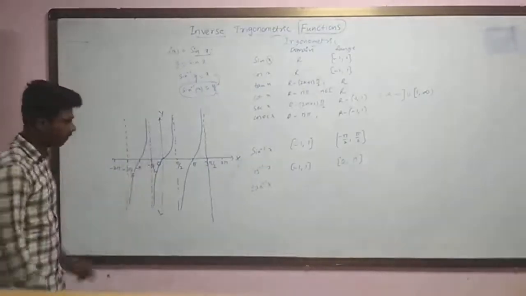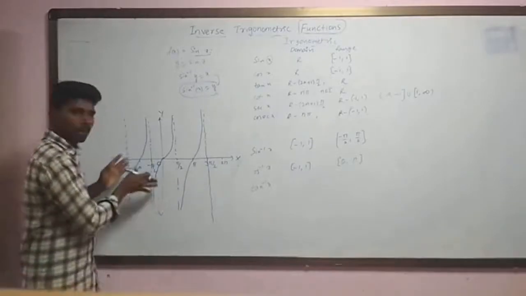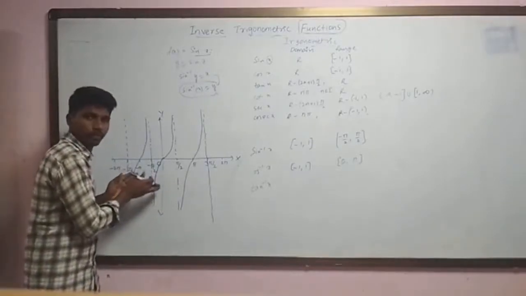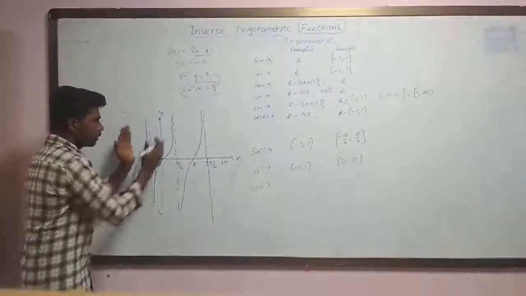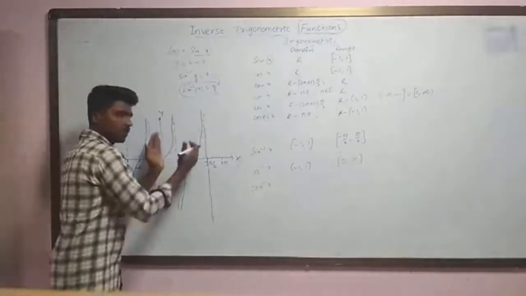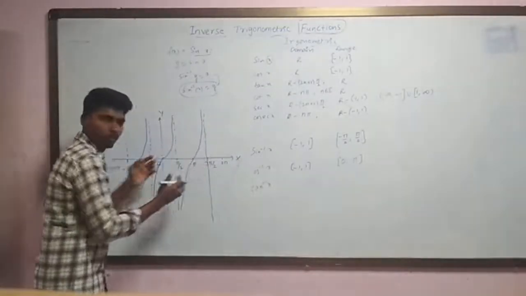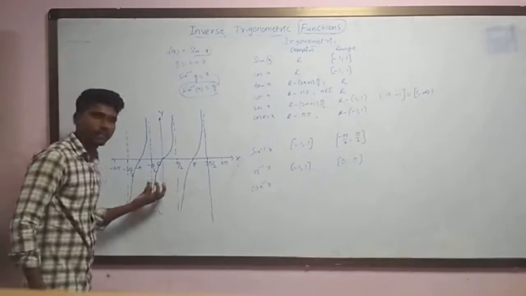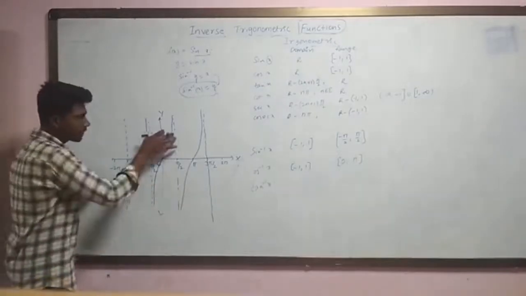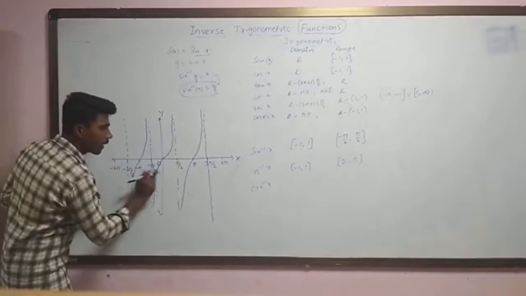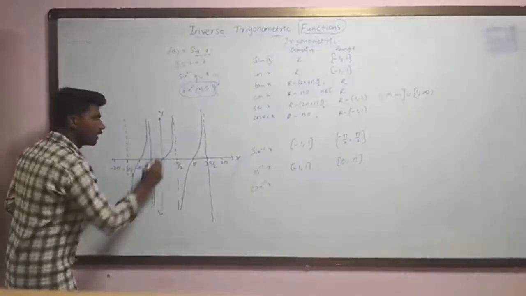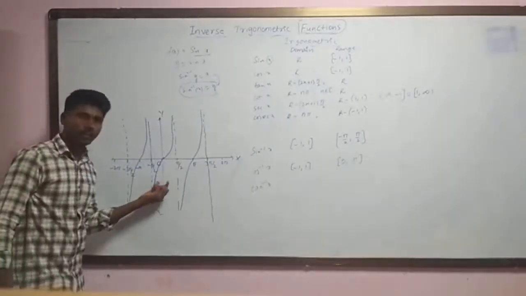Now you see, if I consider all the branches, I can't say this is a bijective function. But if I take a principal branch where it behaves like a bijective function, we can define its inverse. So I consider the first and foremost one, which is minus pi by 2 to pi by 2. Then it acts as a bijective function.